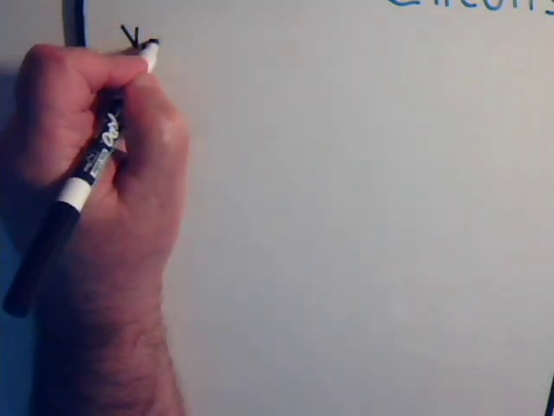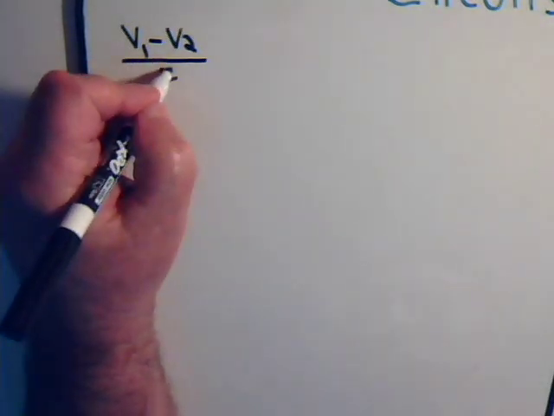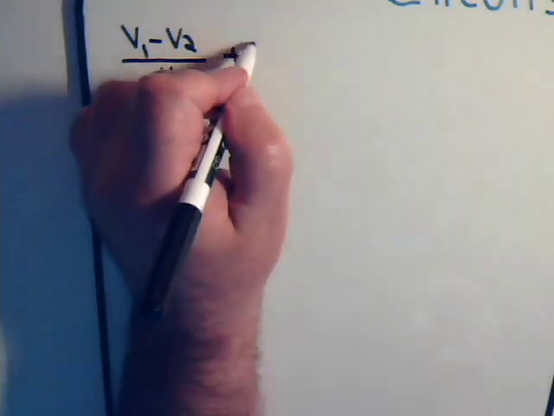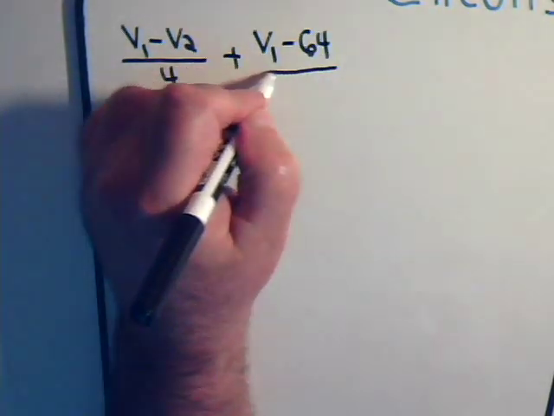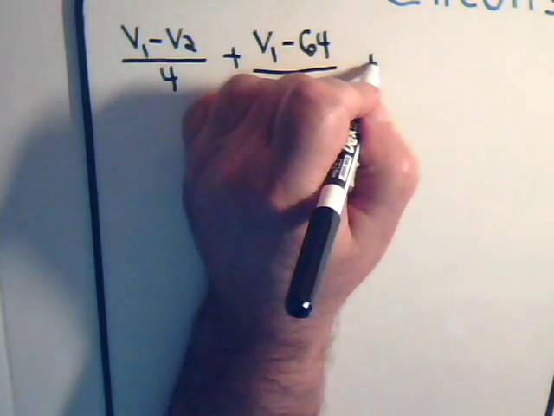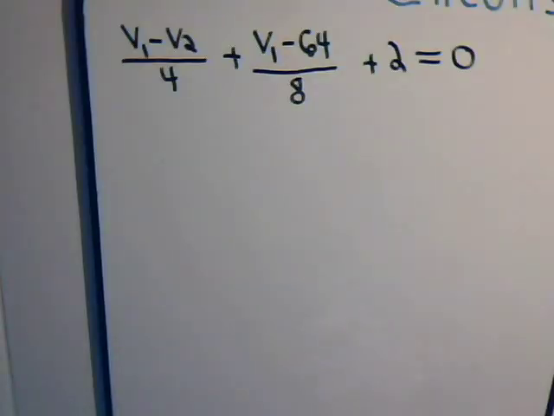So let's see, we had V1 minus V2 divided by 4 plus V1 minus 64 divided by 8 plus 2 equals 0.